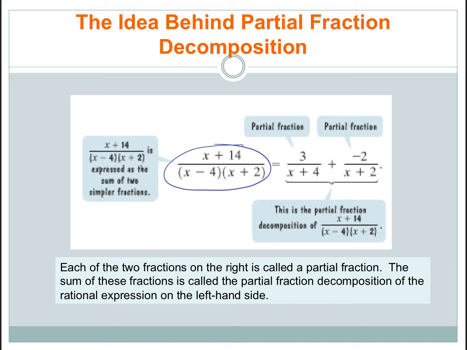But second part of 7.3 is called partial fraction decomposition. It sounds a lot scarier than it is. If something decomposes, it breaks down. So all we're going to be doing is taking a big rational function and breaking it down.